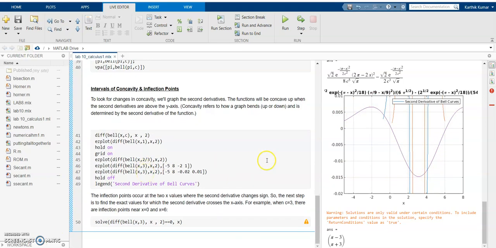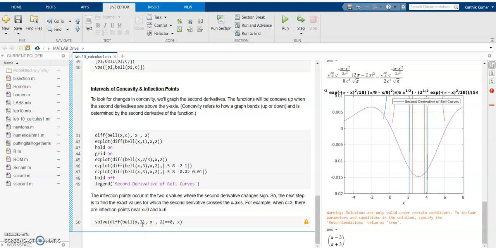Now I'm repeating the same thing for different values of c, 1, 2 over 3 and 3, and I'm just looking and making sure that the plot I see is within a suitable window. These intervals are random, so you can choose a good interval to fit the entire plots in a good window.